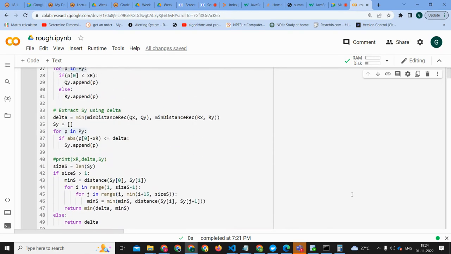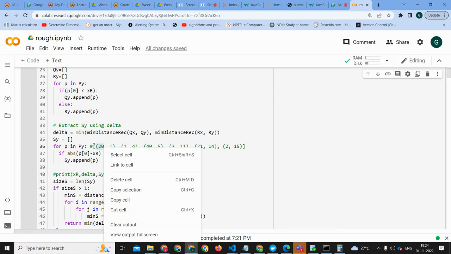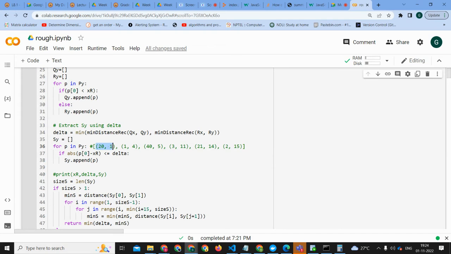So I'm going to put it here. So for P in PY, if absolute value of P of 0. So P of 0 is this point, correct? I think P of 0 is 20 because P is referring to the whole tuple. And instead of the tuple, you are taking the 0th place.